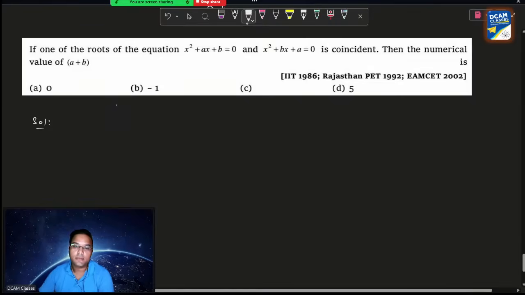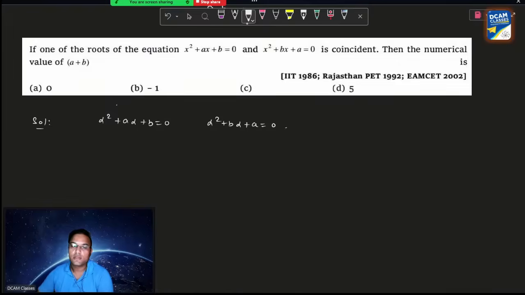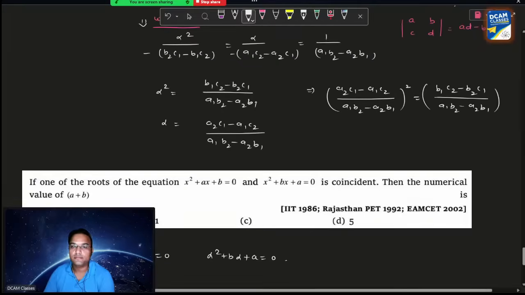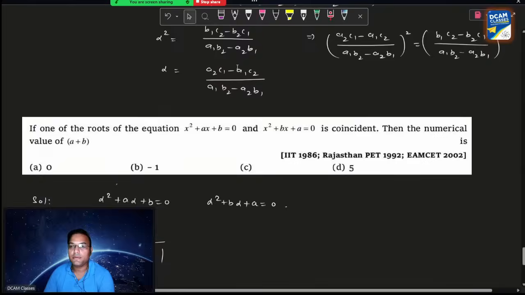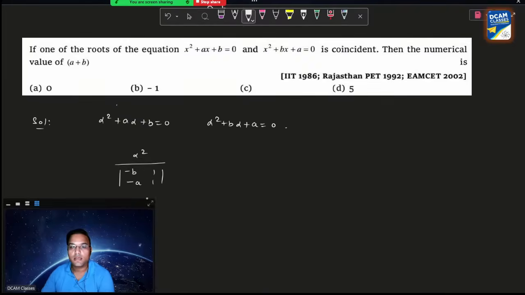One root is common, so it will be alpha square plus a alpha plus b is equal to 0, and alpha square plus b alpha plus a is equal to 0. So the equation that you will form is alpha square divided by the modulus of minus b, minus a, 1, 1. See, minus 1, b1, b2, sorry, it's a and b here.